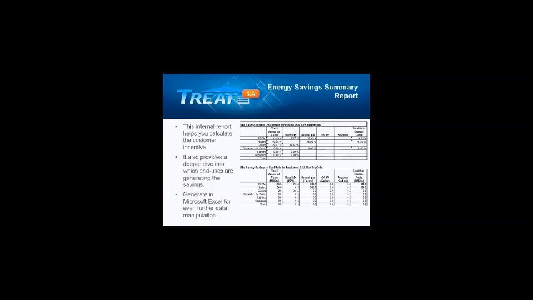And then also broken down into total usage by end type, kilowatt hours or therms or gallons, what have you. This report can be generated, like all the other reports, in a variety of outputs. We like to recommend outputting it in Excel so that if you're going to do any further data manipulation, you can do it right in line there nice and easily.